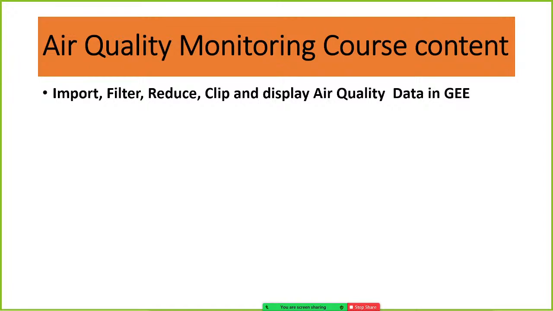In this part I will show you how you can use any air quality parameter available in Sentinel-5, like nitrogen dioxide, sulfur dioxide, carbon monoxide or other gases. How you can import, then filter, then reduce and clip to your shapefile, and after this display the result.